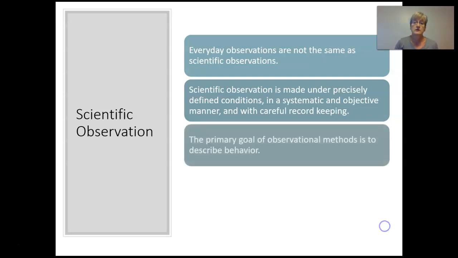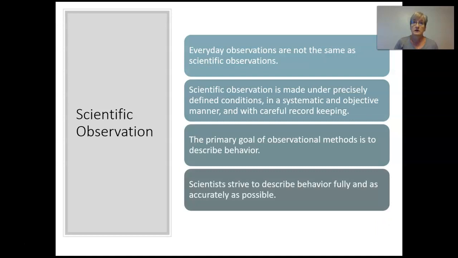The goal when we're observing, and it doesn't matter whether you're doing observations out in the field like Jane Goodall watching chimpanzees, or observing people's attitudes in a different sort of way, such as using questionnaires or surveys, the goal is to describe behavior that you're interested in understanding better.